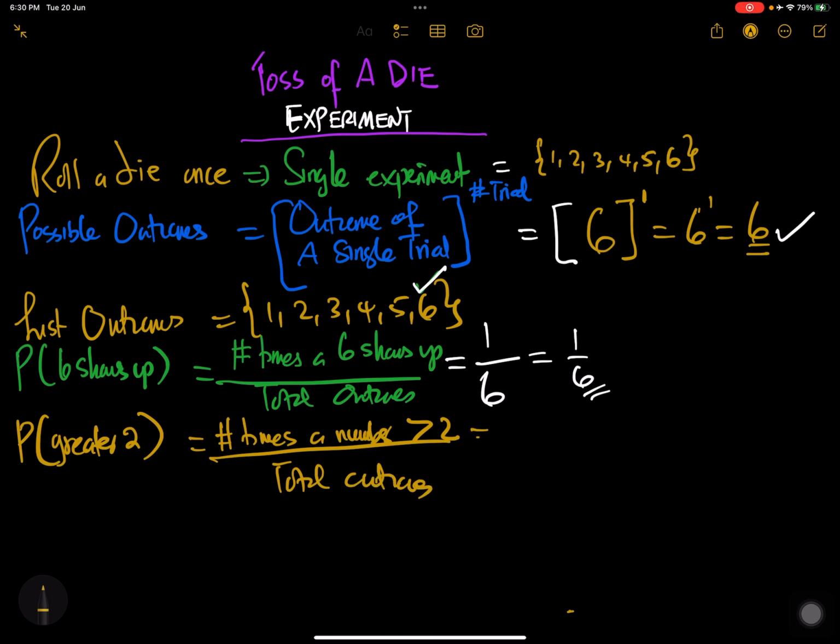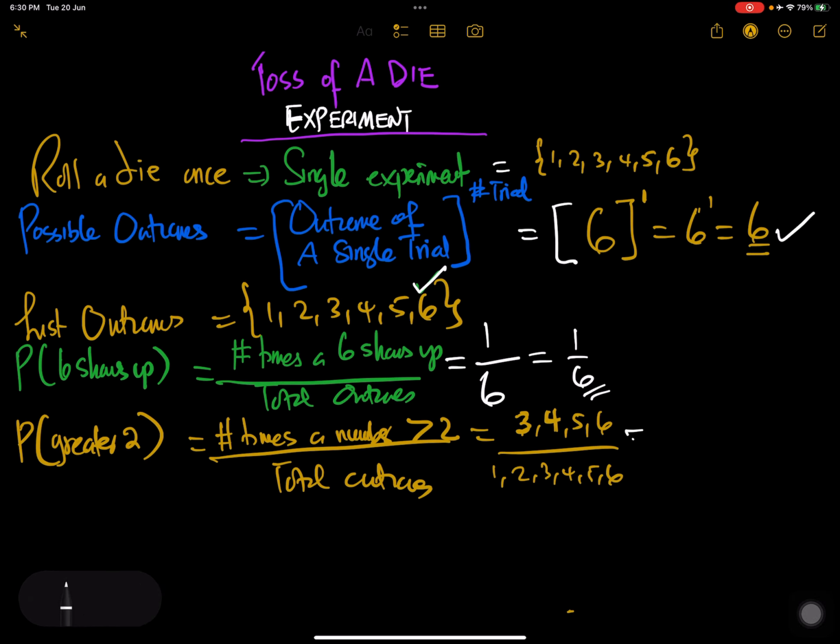The question didn't say greater than or equal, it says greater than 2. So we have 3, 4, 5, 6, divided by the total outcomes, which is 1, 2, 3, 4, 5, and 6. Now the top part, the numerator, 3, 4, 5, and 6, is how many outcomes?